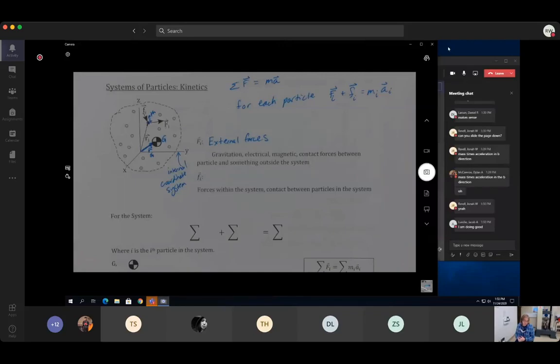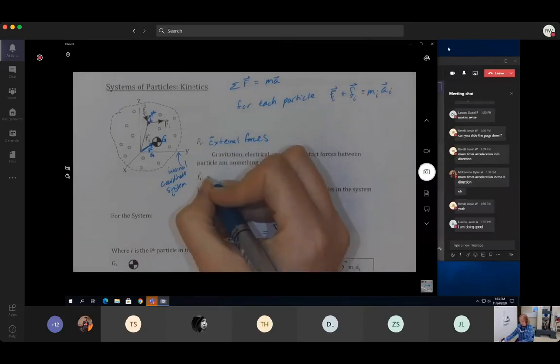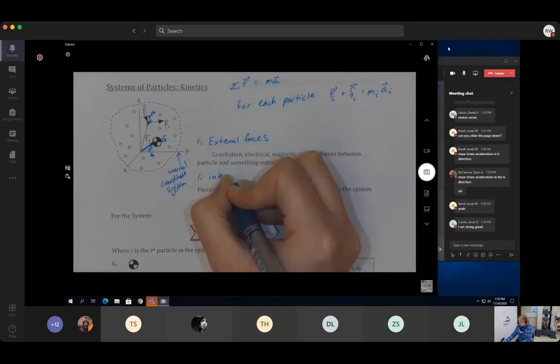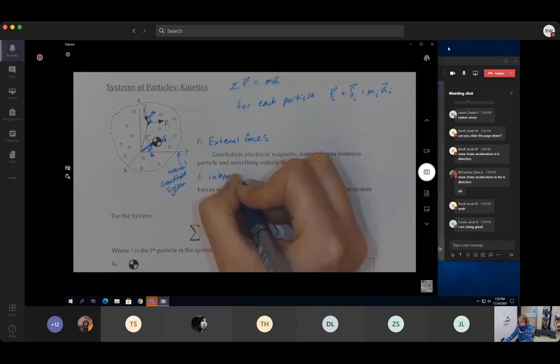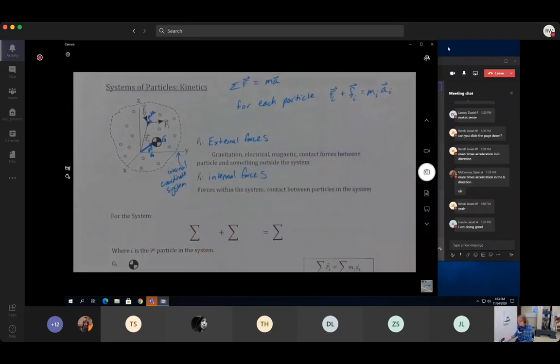The lowercase f are our internal forces. This is forces that are happening inside the system as particles run into each other, parts of the system run into each other. They exert contact forces or normal forces on one another, and so those get counted as internal to the system.